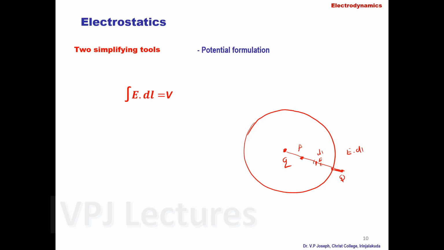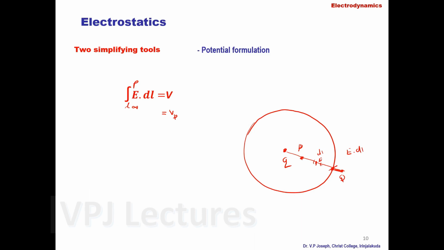So the work done in taking this test charge from infinity to the point P is given by the line integral of E dot dl from infinity to P, and that is measured as the potential corresponding to that point, usually represented as V, or sometimes Vp, the potential at that point. So actually this is the definition of potential.